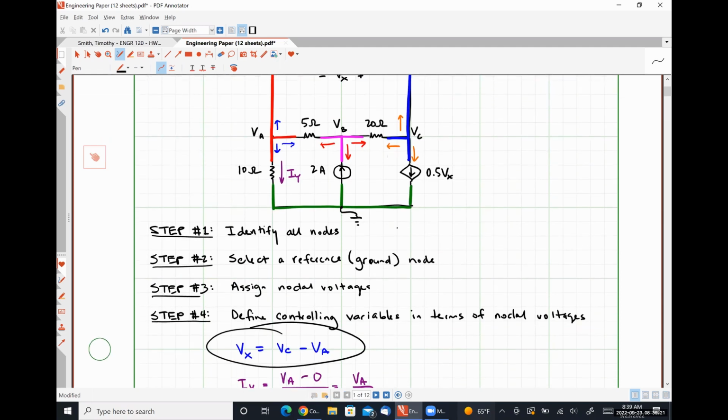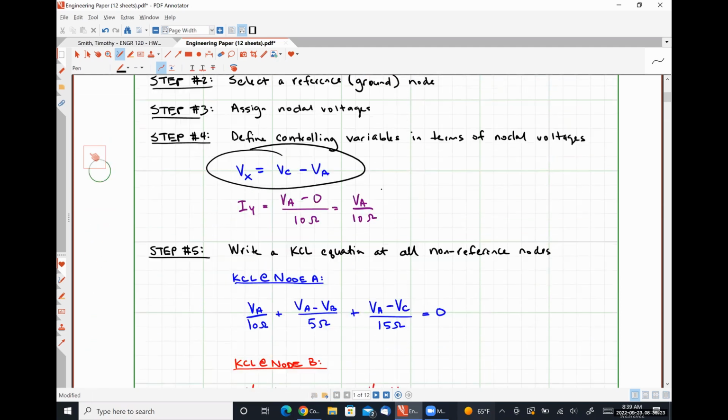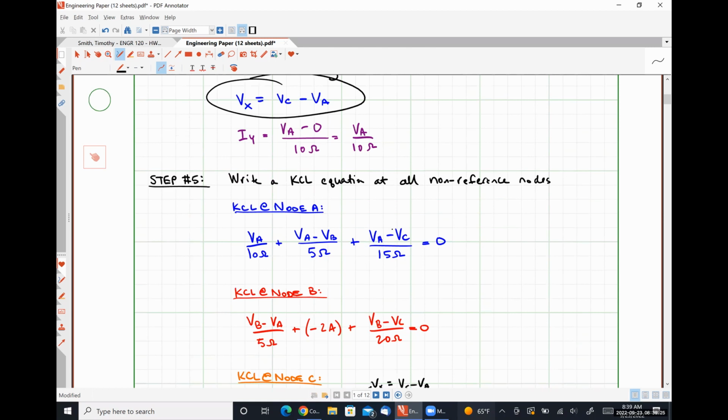So this KCL at node B equation does include a constant term, right? There's that factor of -2 amps. We want to move it to the opposite side of the equal sign as our variables, VA, VB, and VC. So we move the -2 amps to the right-hand side of the equal sign, which converts it to +2 amps. And that's what we put in our constant term matrix.